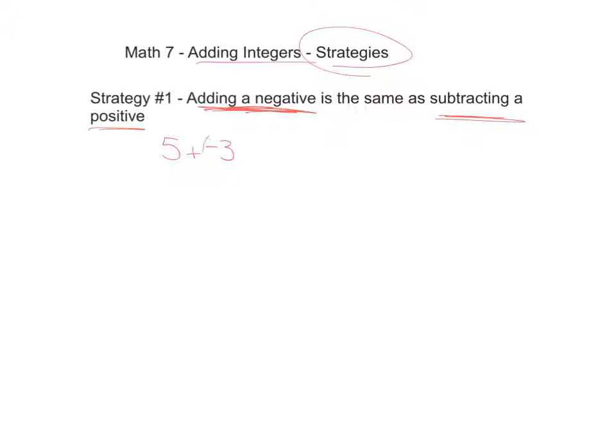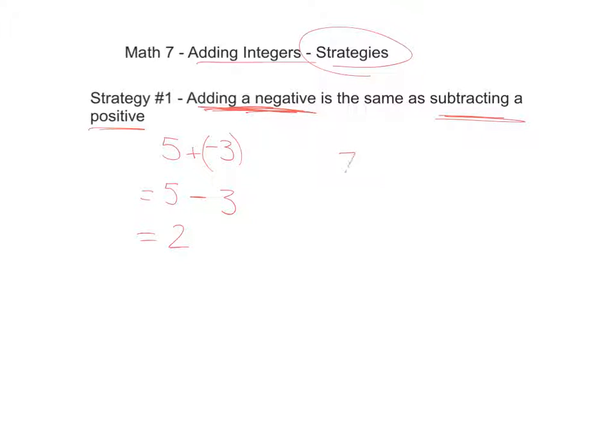And I should probably put brackets around this negative 3, so we're adding a negative number. It is the same as subtracting a positive number. So I can change the addition to subtraction, but if I do that, the negative 3 becomes a positive number. And most of us would say, oh, 5 minus 3, I can handle that. 5 minus 3 is 2.